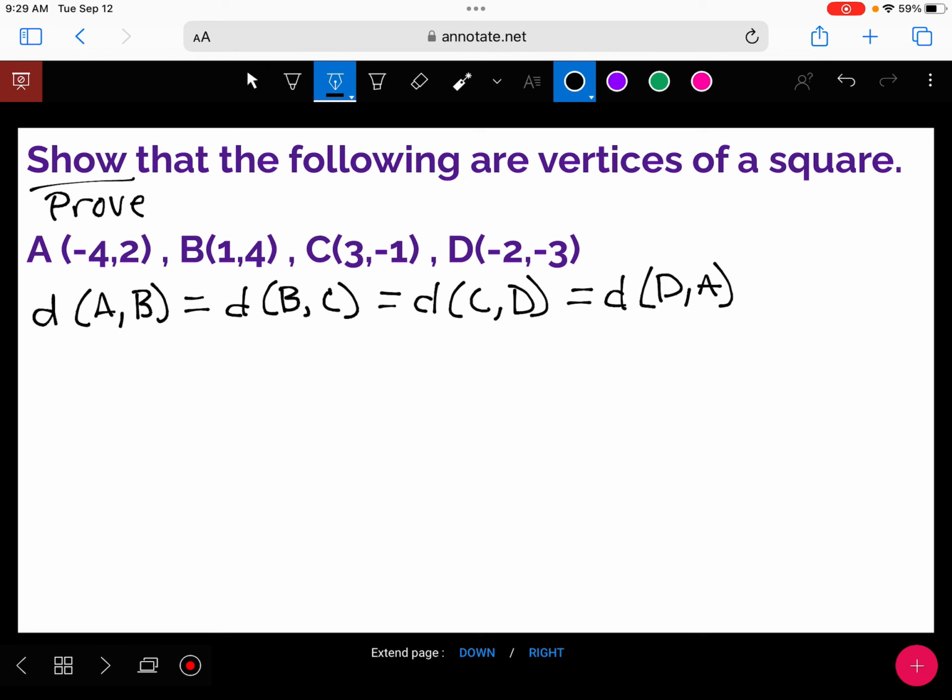If any of them are not the same distance, we're not a square. Four times. So distance from A to B.